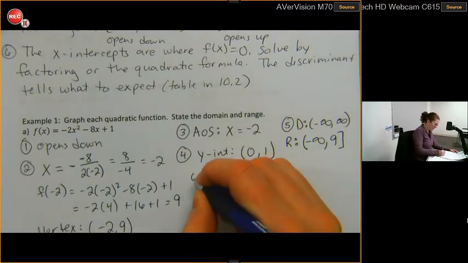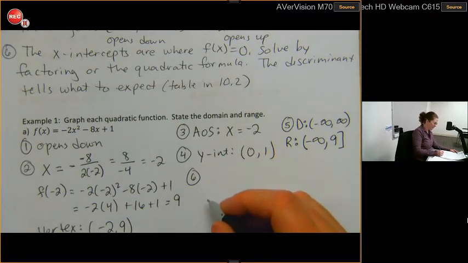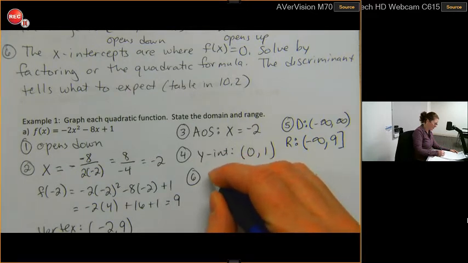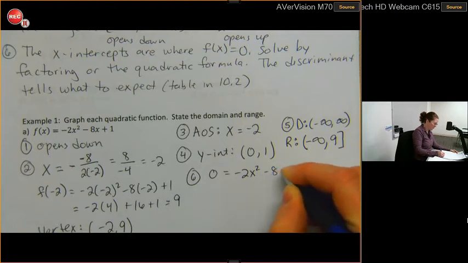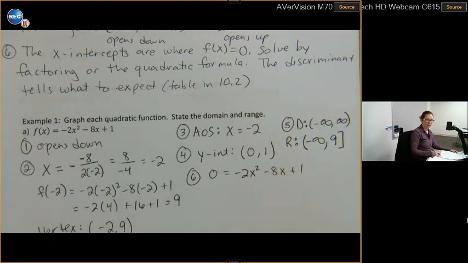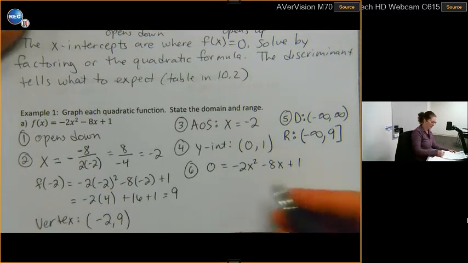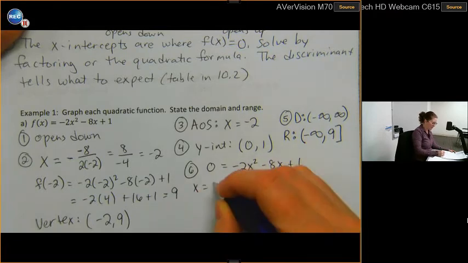And step 6, finding the x-intercepts. I set my function equal to 0, and then I would try factoring first because factoring is faster if it works. This one does not factor, so I use the quadratic formula.